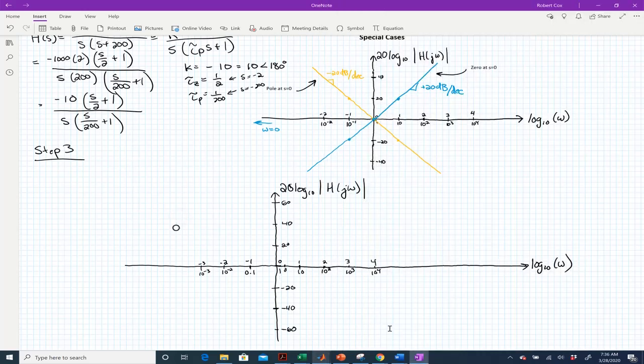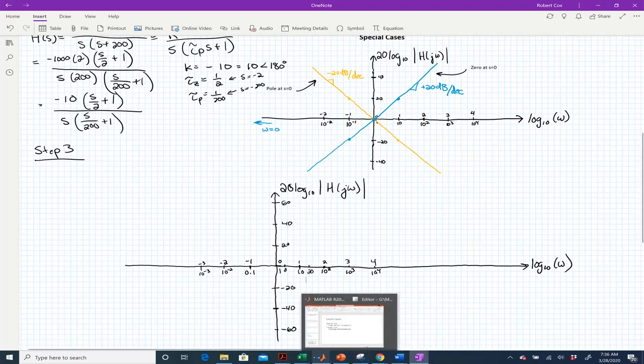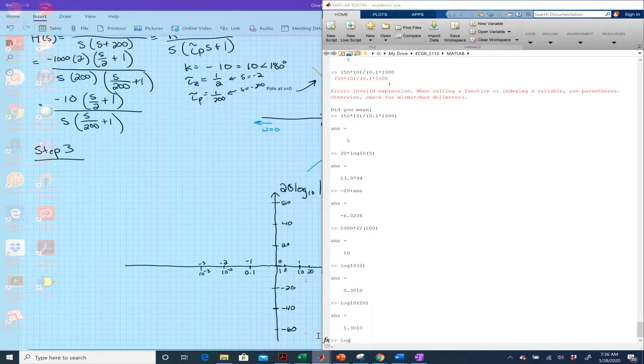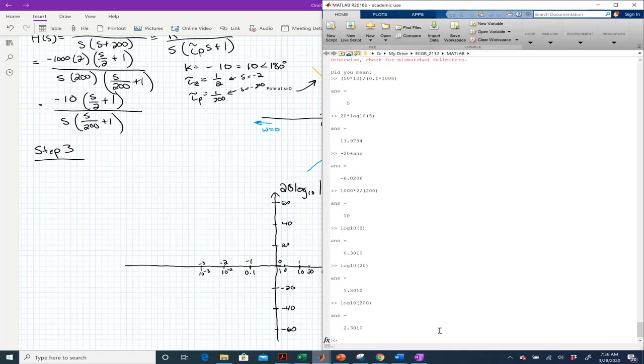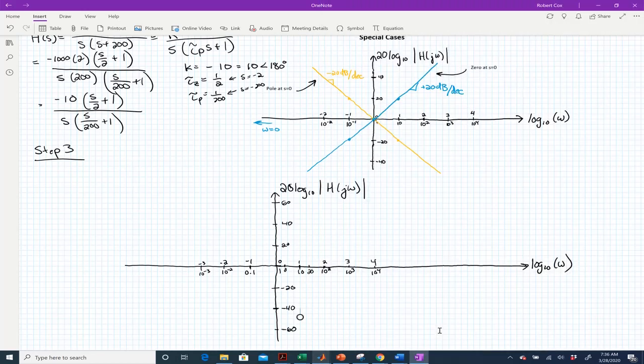So 1.301 would be about a third of the way between 10 and 100. So this would be 20. And log 10 of 200 would be at 2.301, about a third of the way between 100 and 1,000. So that would be 200.